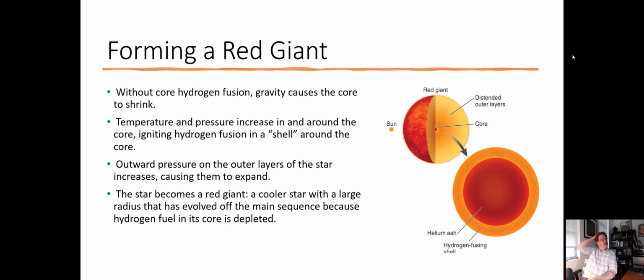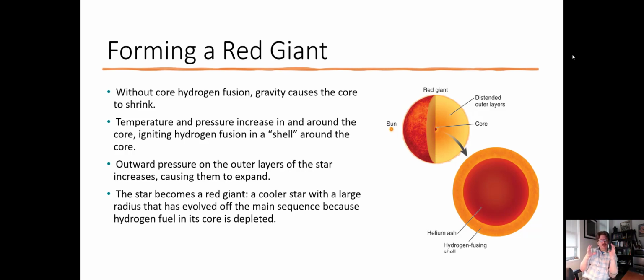Now, if you remember before, the key temperature for the Sun for generating nuclear fusion using hydrogen is around 10 million Kelvin.